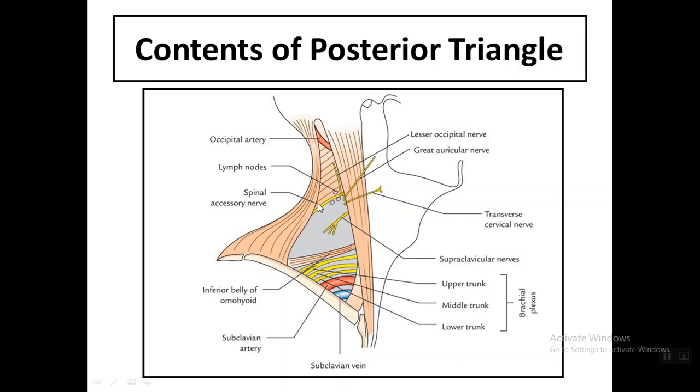This is the accessory nerve, the spinal part of the accessory nerve, and there are lymph nodes here. This is the inferior belly of omohyoid that divides the posterior triangle into the upper occipital triangle and the lower supraclavicular triangle. These are the roots and the trunks of the brachial plexus. This is the subclavian artery and subclavian vein.